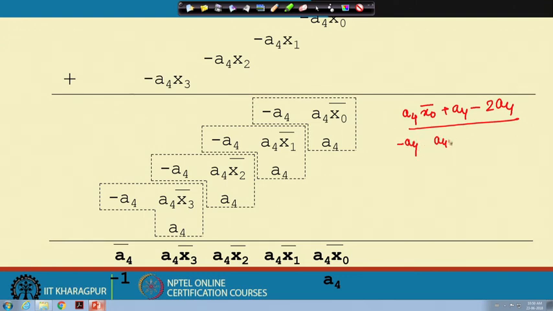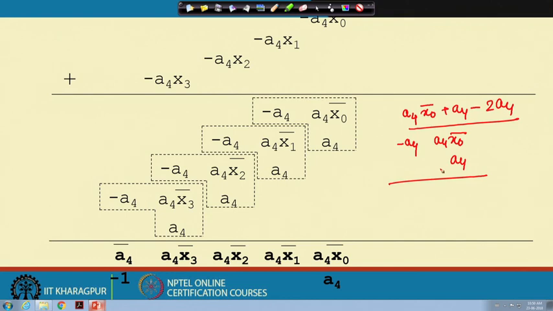So, this is A4 x0 bar plus A4, and this equation can be represented as this one, because this has the 2 bit shift weight. So, this minus A4 over here means minus 2 A4 plus A4 x0 bar plus A4.